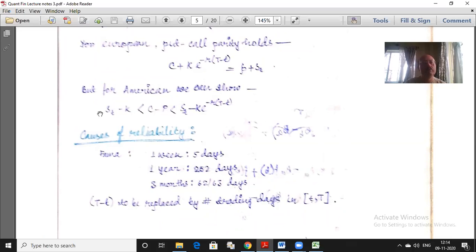The lower bound is S_T minus K, and the upper bound is S_T minus K discounted. And again, to prove this result, you can use the same no arbitrage principle and arrive at this inequality.